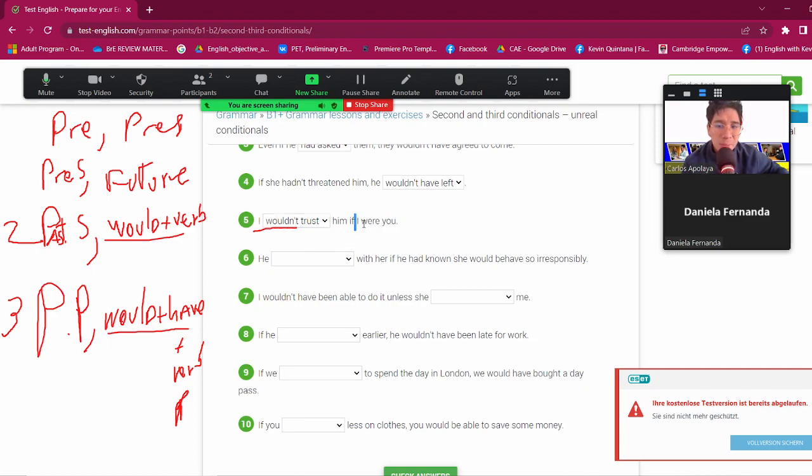Yes. Remember that when you have the second conditional in the past simple here, you have to use would plus the verb in the base form. Next, what's your answer here?